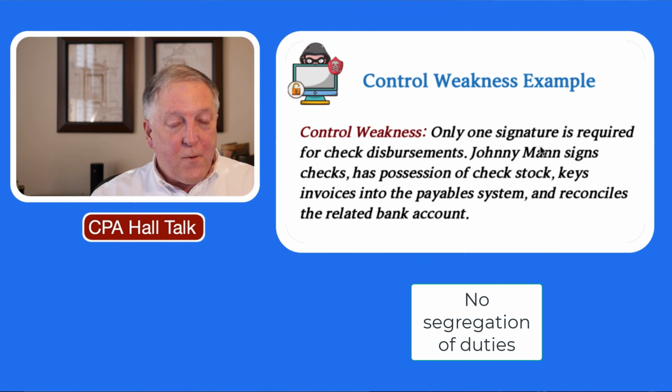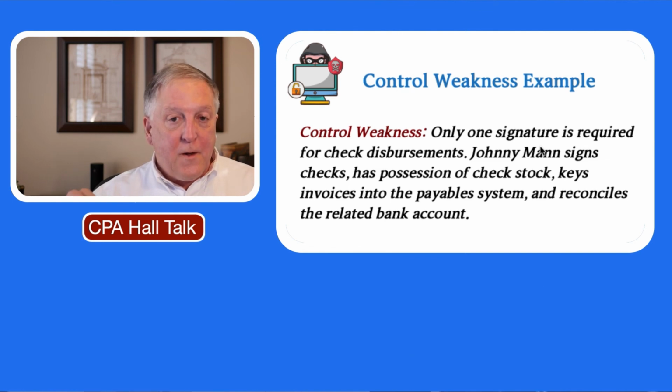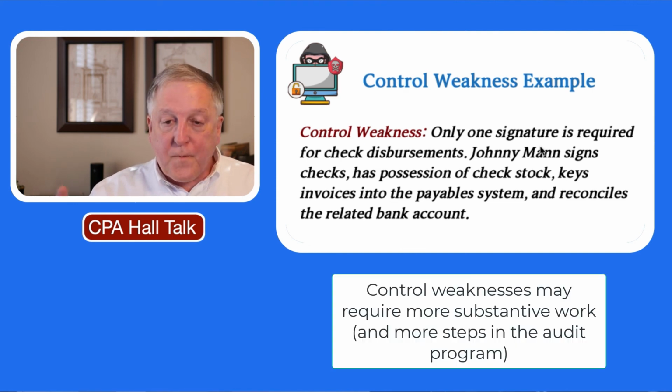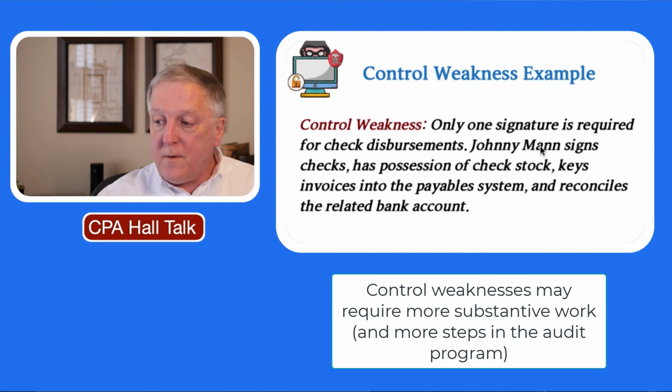So I know I've got to report the weakness, but to the point of this video, we're talking about how does it impact the audit. It's going to impact how I plan the audit procedures in the accounts payable area. If this is true, I'm going to do more work because there's a lack of segregation of duties.